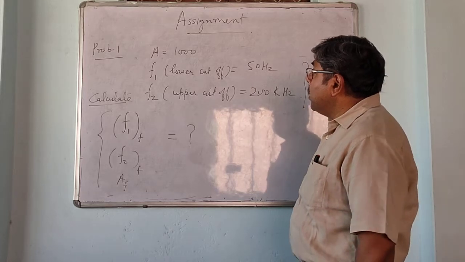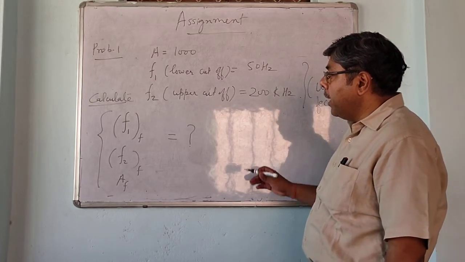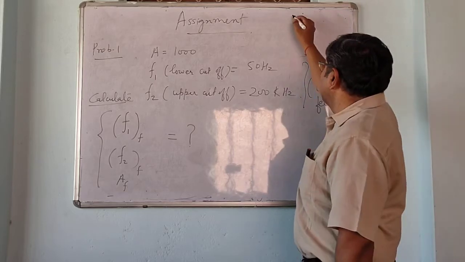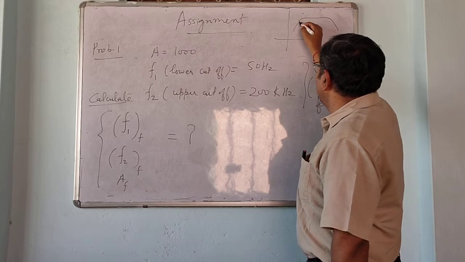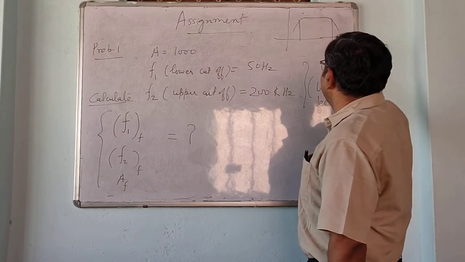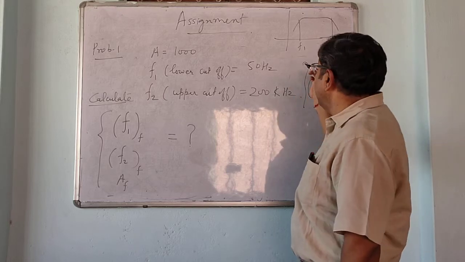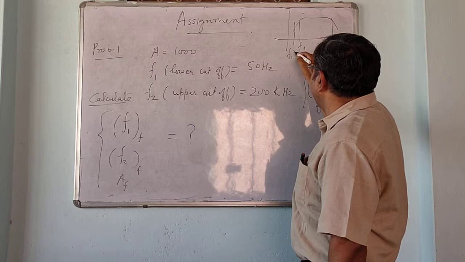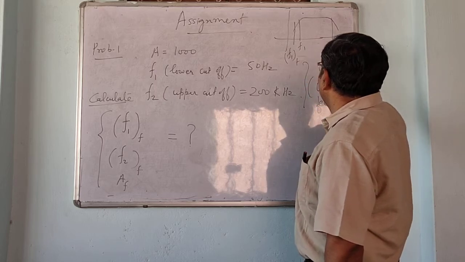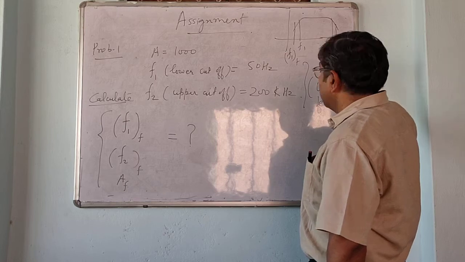When we are using feedback, the lower cutoff is reduced and the upper cutoff is increased. Here we have a band diagram. Suppose these are two cutoff frequencies. This is F1, F2, lower, upper, and this is F1 with feedback. Similarly, upper is increased, F2 with feedback.